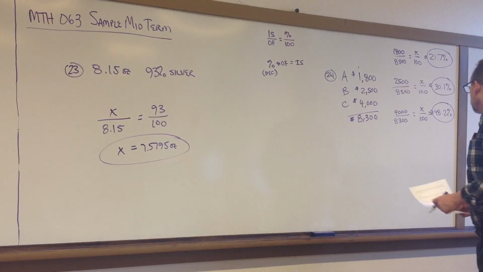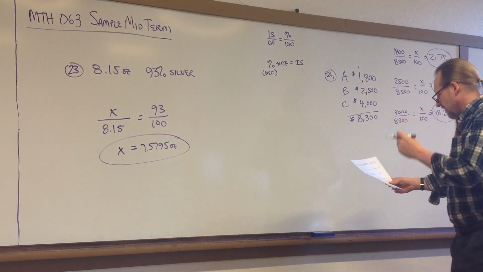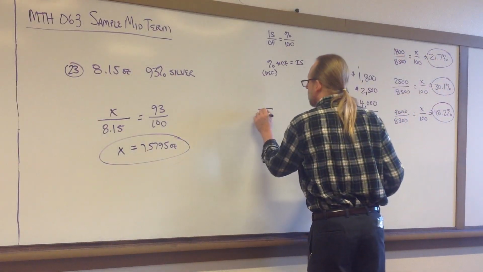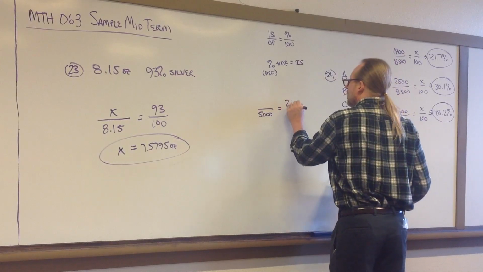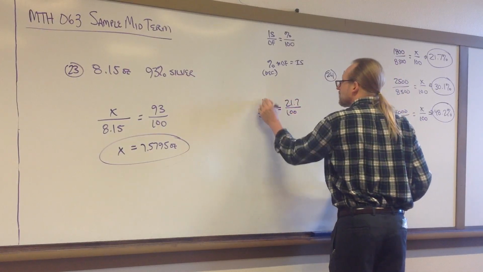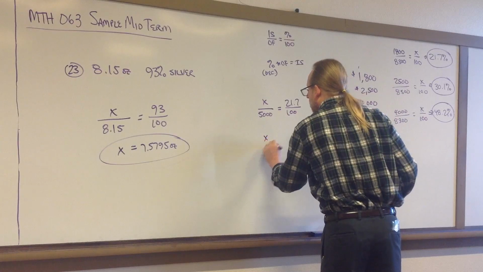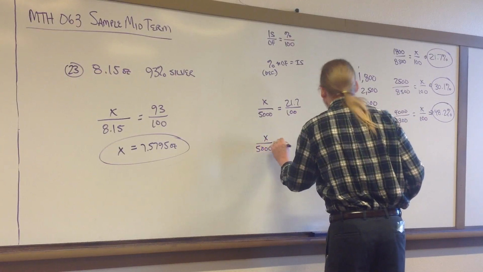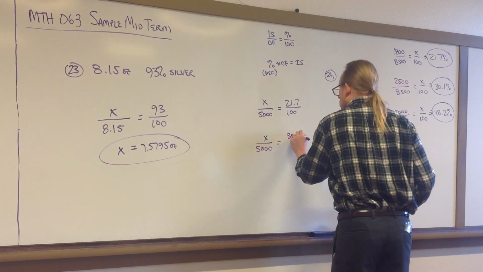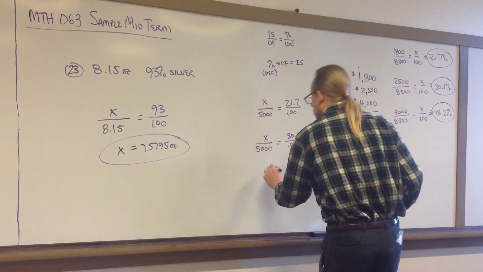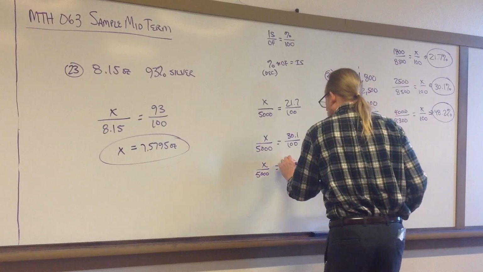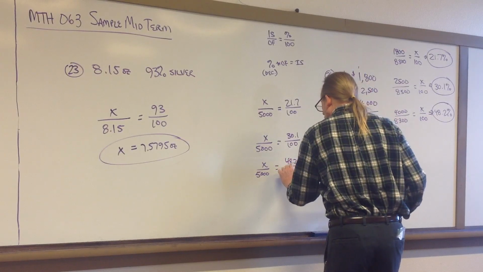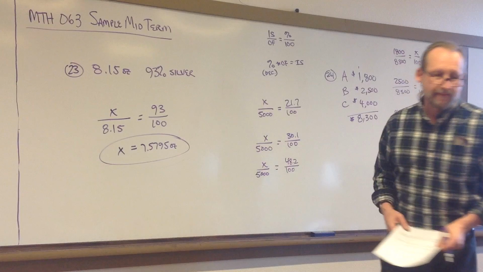So now, that whole is 5,000, and we'll take each one of these percentages and find out how much each person should get based on that. And then the last one, 48.2 over 100.